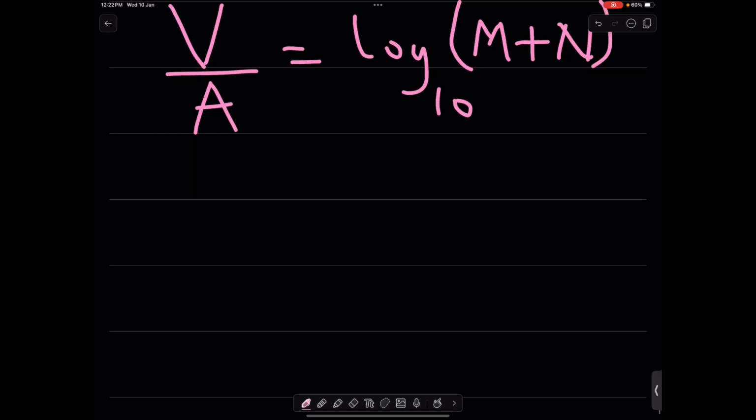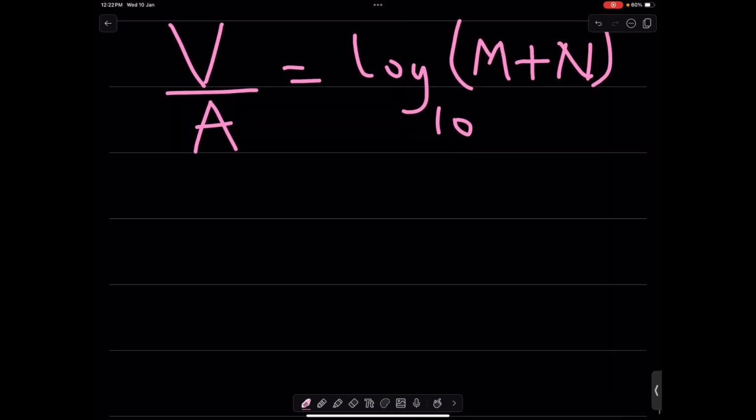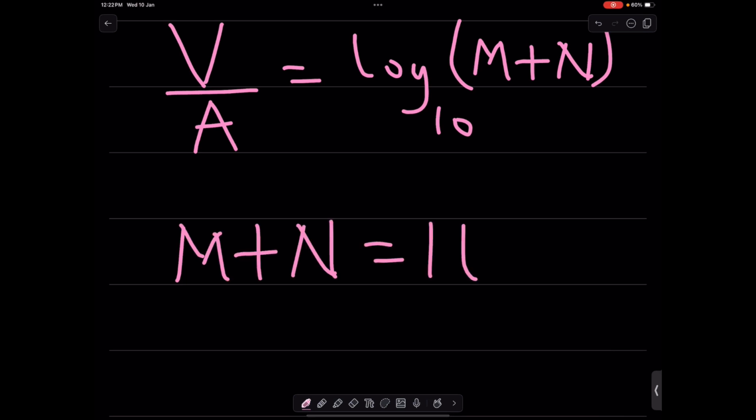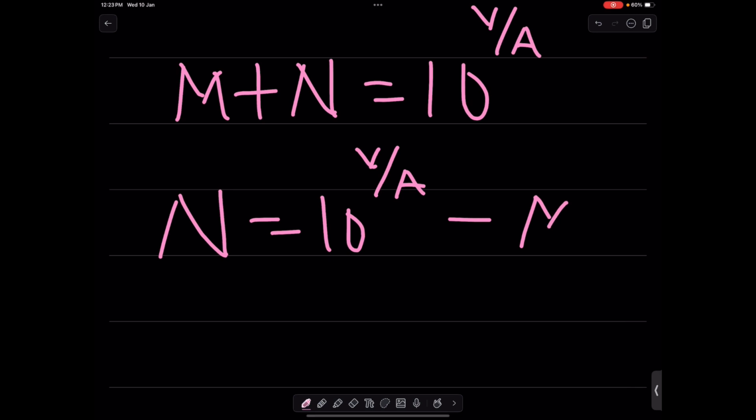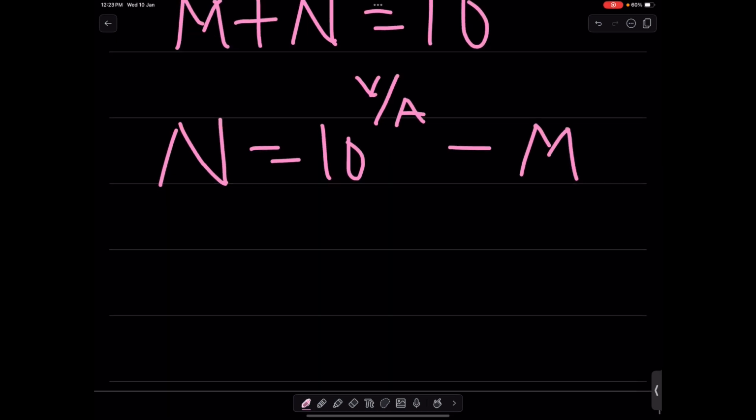And now, if you write this logarithmic equation in index form, it means m plus n equals 10 raised to power v over a. And now, if we make n the subject of the formula, we have n equals 10 raised to power v over a minus m. And that's it, very, very simply.